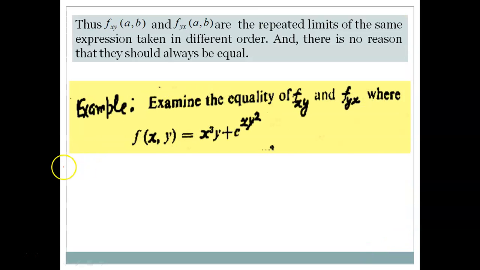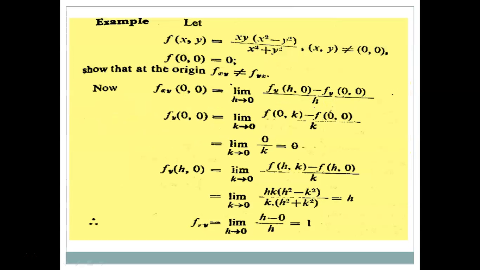So next example, that is the conclusion here. Examine the equality of fxy and fyx for this function. So you can check, this is x cube y plus e raised to the power x y squared. So you can verify. Then in this case, what is happening, whether these are equal or not.